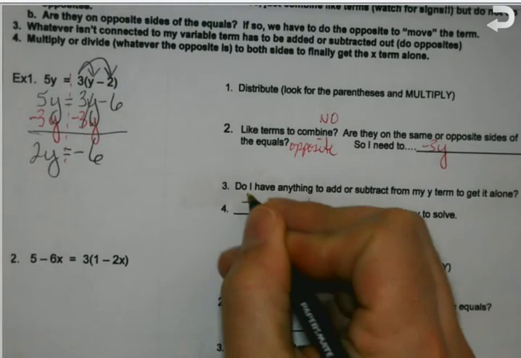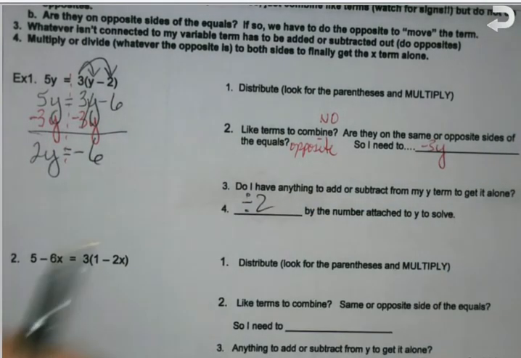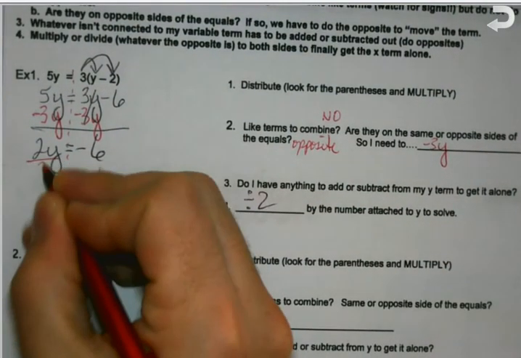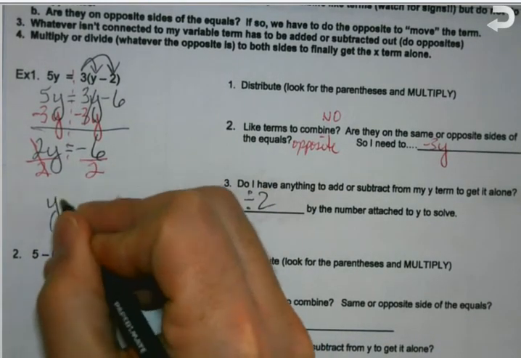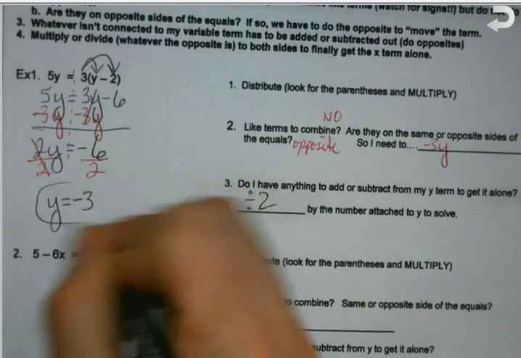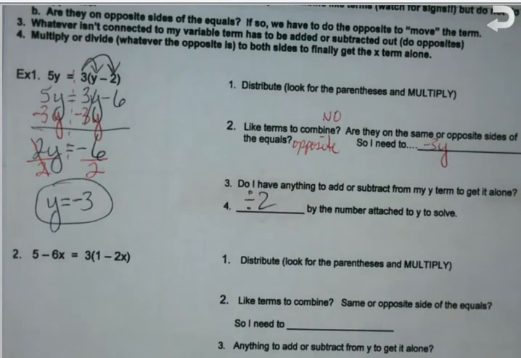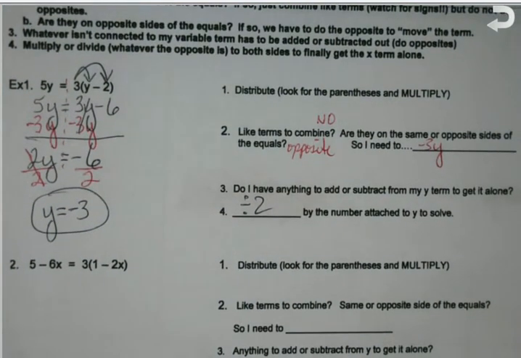I'm going to divide by 2. And we're going to get to the answer. So it's not an incredibly long process, but it is a process where if you go too fast, you mix the sign up, it can really mess with you.